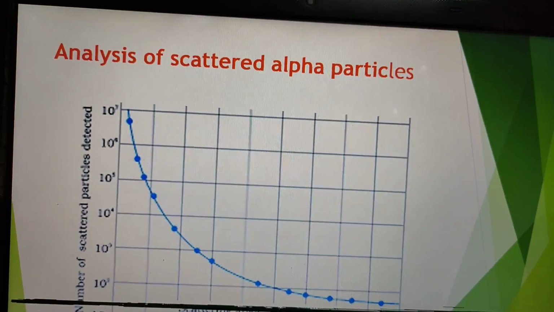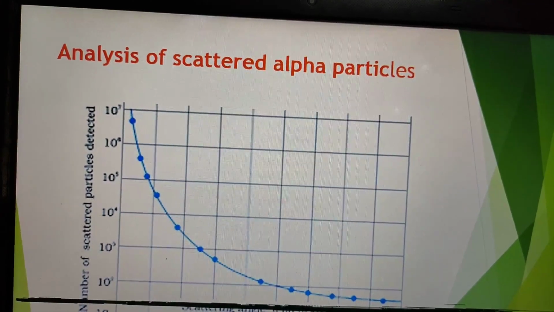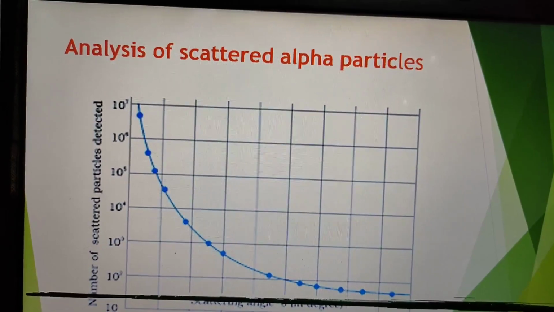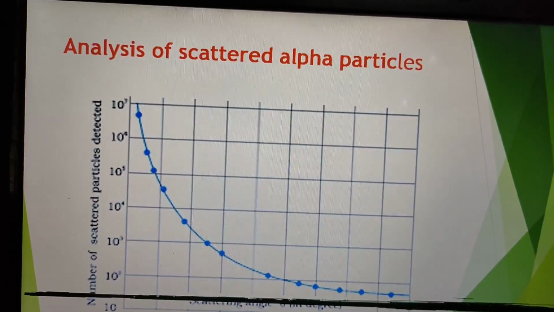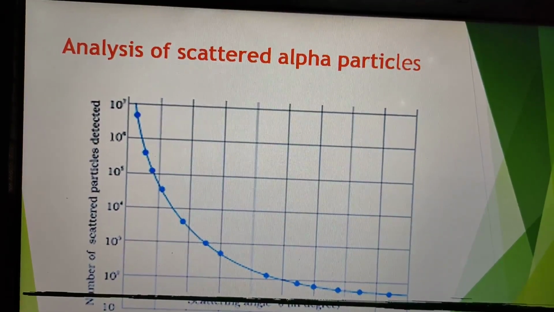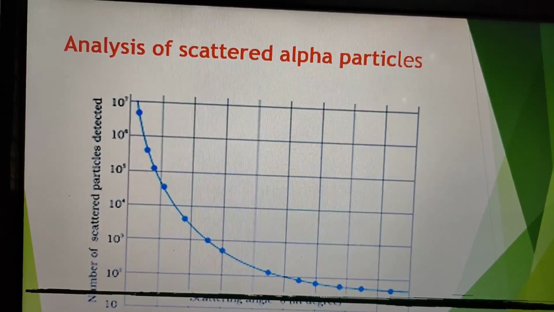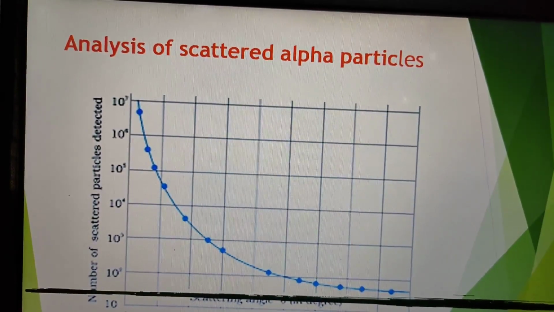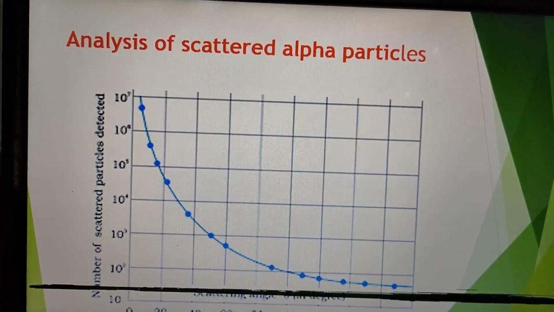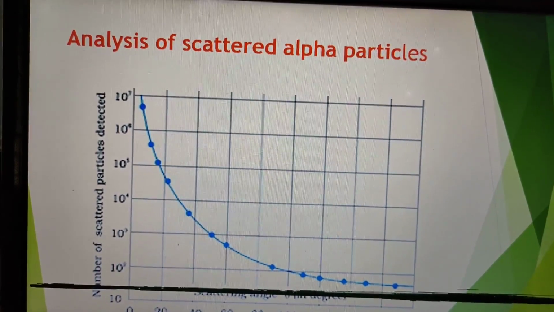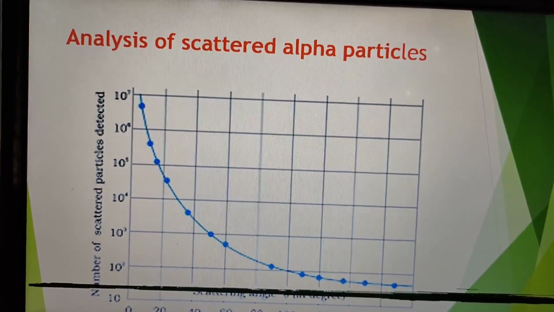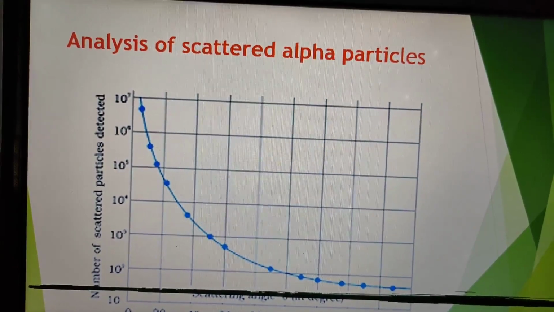Now we can see a graph from the experimental data. Rutherford plotted a graph between the angle of scattering along the x-axis and the number of alpha particles scattered along the y-axis. This is the shape of the graph.